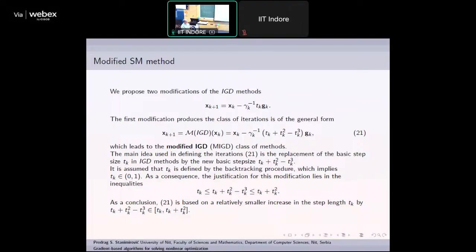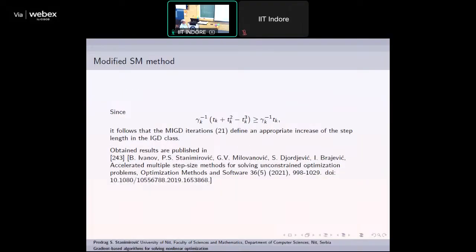But this increase will not be so large. So the intention was to exploit, to obtain a step size and direction slightly longer than only one step size. This result has been published in Optimization Methods and Software.